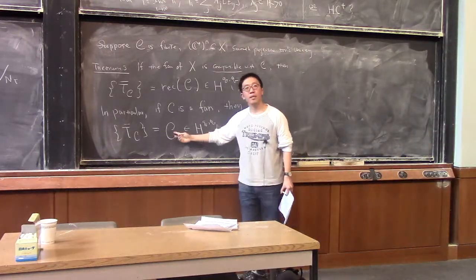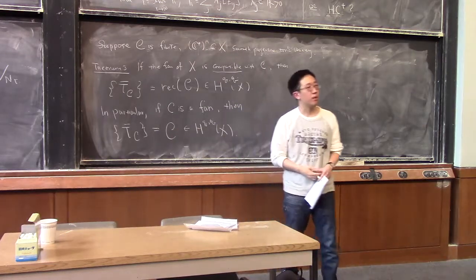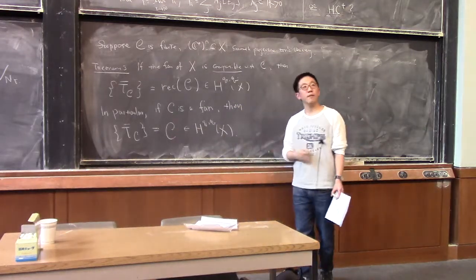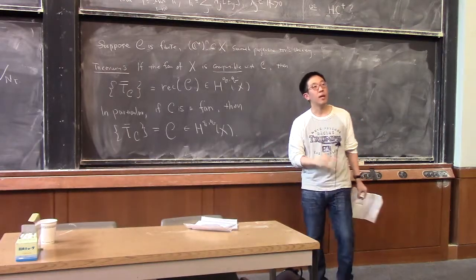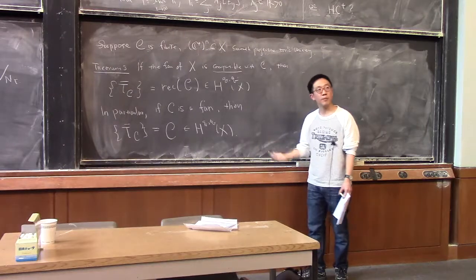C is a collection of p-dimensional cones, and it's a weighted fan. So each p-dimensional cone in C is given a number, say a complex number.